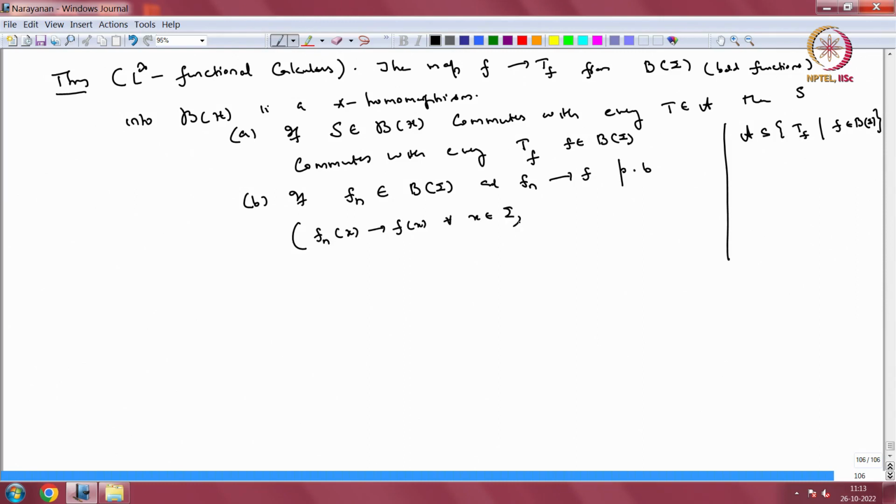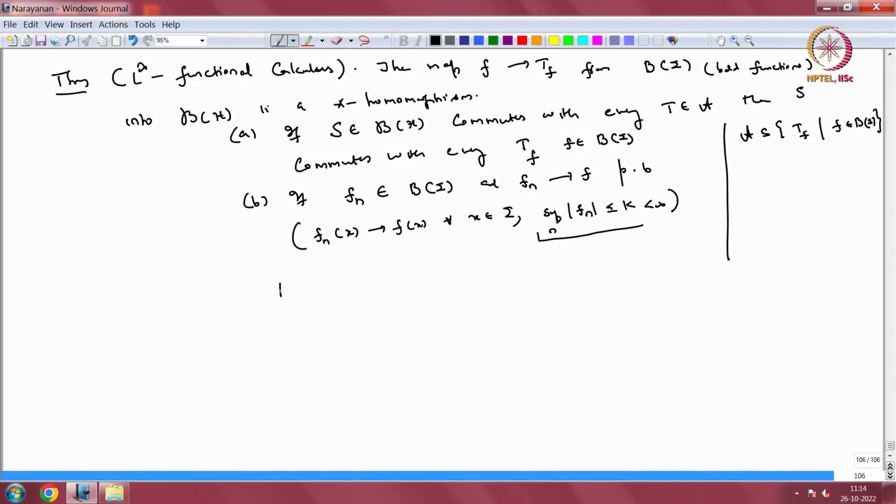So, pointwise convergence, and boundedly means all the F_n's are bounded by a fixed constant, so the norm of F_n is less than or equal to k, maybe the supremum over n. In particular f is also bounded by k, so the limit is going to be a bounded function in B(sigma).